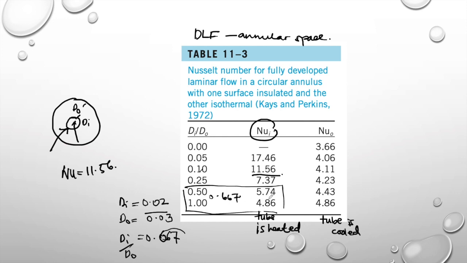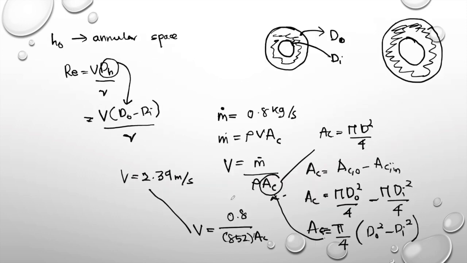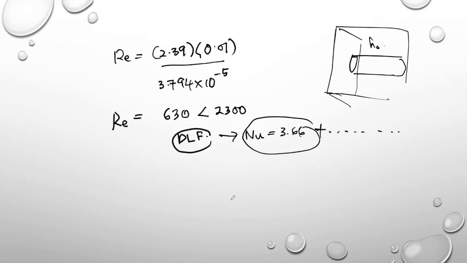Therefore, you have to interpolate in order to get the value of Nusselt number I at 0.667. So after interpolation, I get the Nusselt number is equivalent to 5.45 from the table.